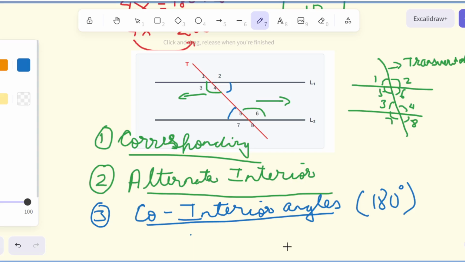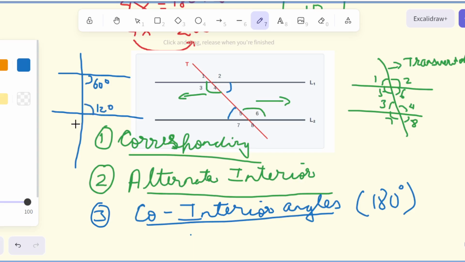But I don't get how they add up to 180. Like how do 3 and 4, and 6 and 5 add up to 180? Because that's the property of the co-interior angles. Also, just as an example, if this is 60, to be parallel this has to be 120.